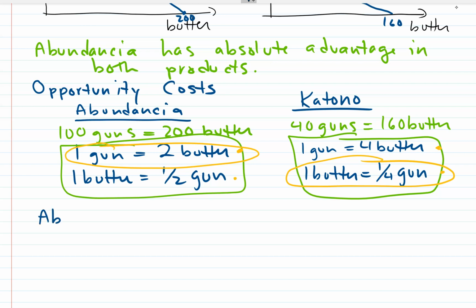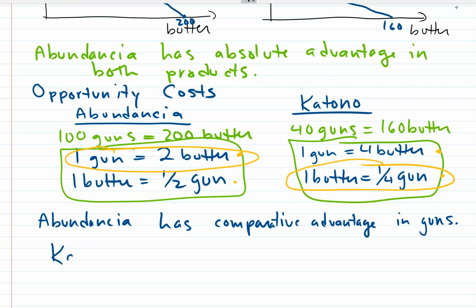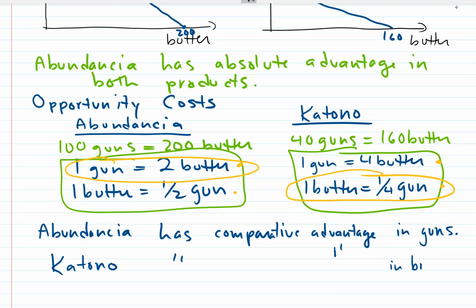So let's finish this. Abundancia has comparative advantage in guns. That means they can make it cheaper in terms of opportunity cost. And Cotono has comparative advantage in butter. Okay, so in the next video, we'll come back and look at how they specialize their production and how to do the trade.